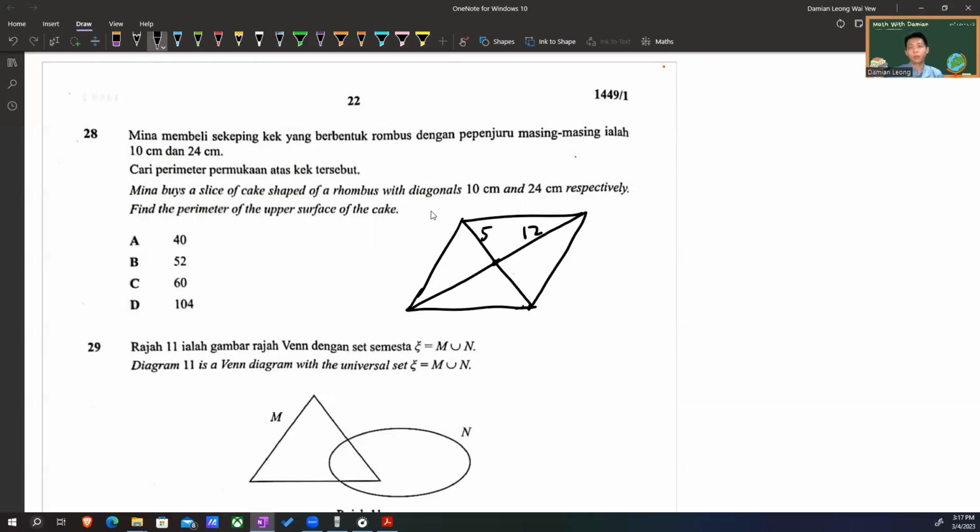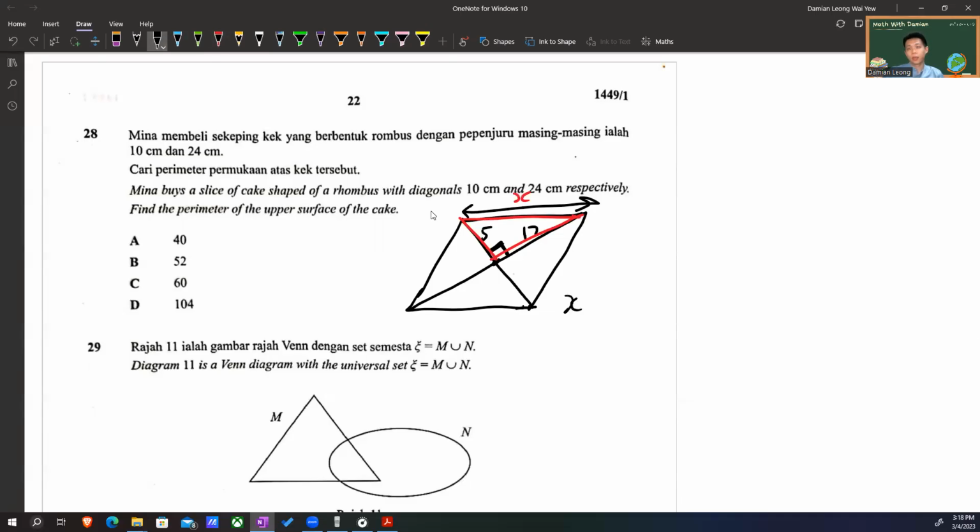I want the perimeter, which means I need this length. For a rhombus, remember all the sides are the same and the diagonals bisect at 90 degrees. So I can use the right angle triangle to find the length here.